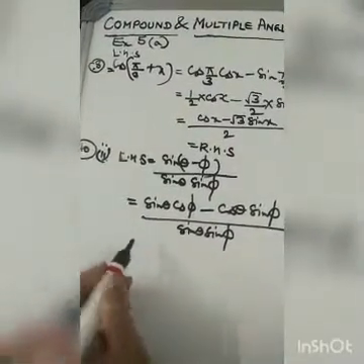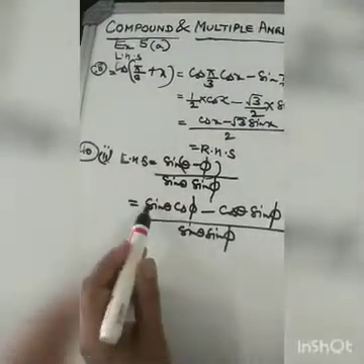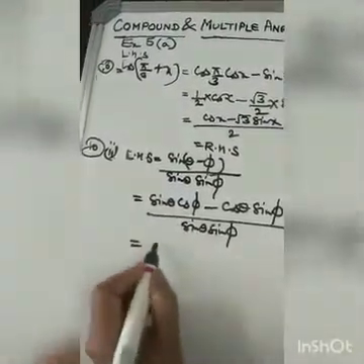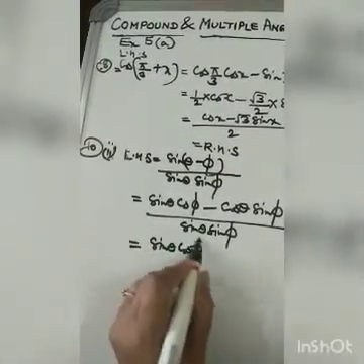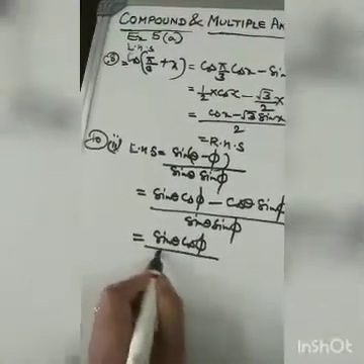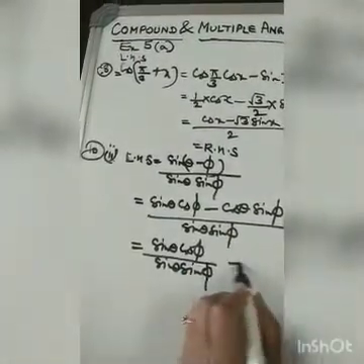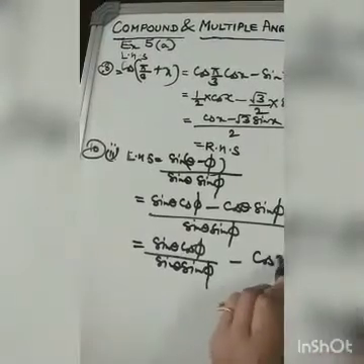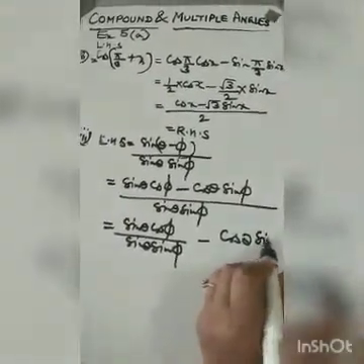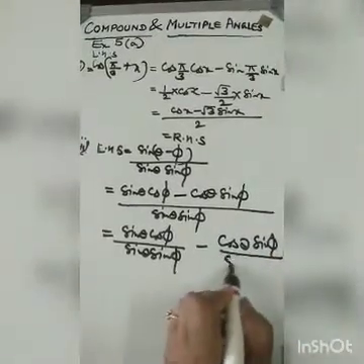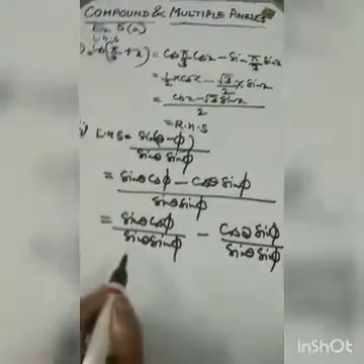Now see what we get. We will try to divide. Sin theta gets cancelled, so sin theta cos phi upon sin theta sin phi minus cos theta sin phi upon sin theta sin phi.